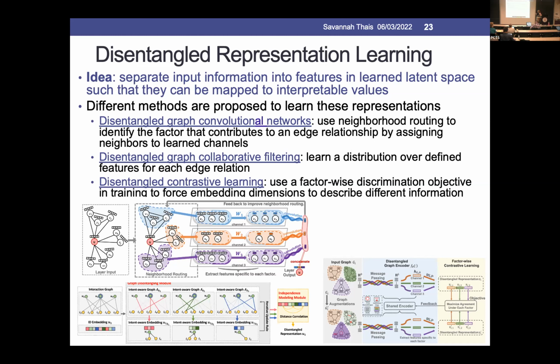There are different ways you can use different kinds of graph network construction, or add learning tasks to your GNN that ask it to do disentangled representation learning while it's training for whatever downstream decision you're trying to make. There are different ways people have proposed to do this that may not be successful if we try to apply them to HEP, but I don't think anyone's looked at it yet, so it seems interesting.